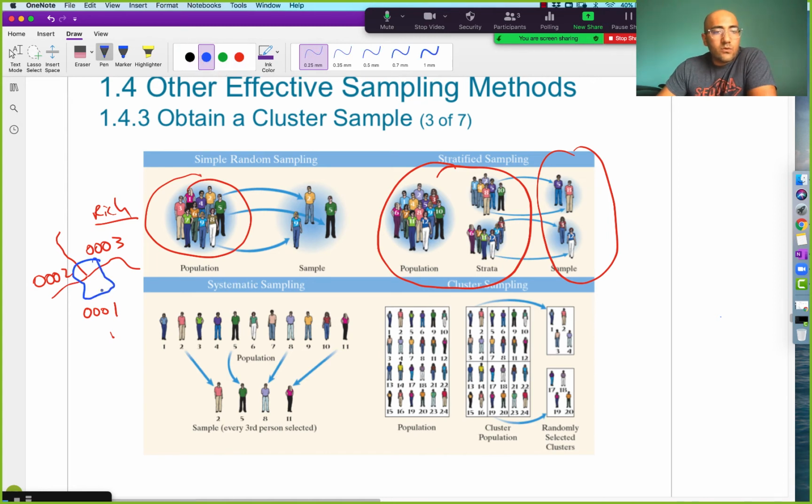Like, here's my school. Okay, well, you want a sample of students, but maybe you want to make sure that they're all equally represented. So you want 3 students from each zip code. So you take your population of students, you break them up into groups based on zip code, and then you take samples from each individual group, thereby guaranteeing that your sample has a particular makeup.